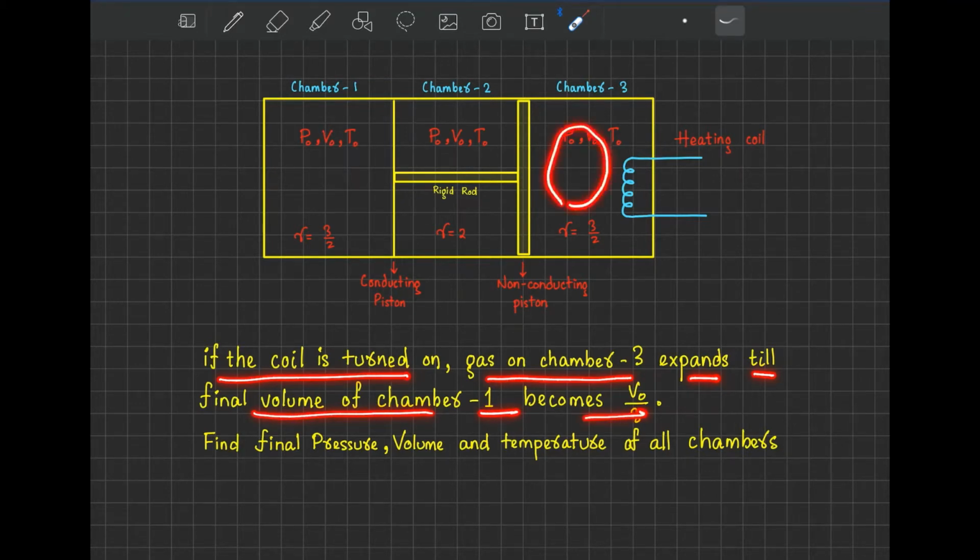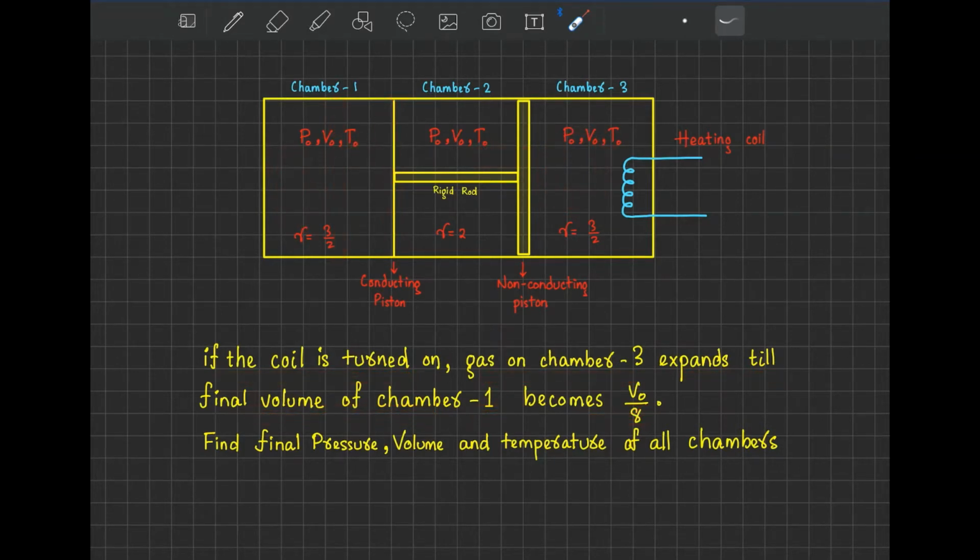If this expands, then this piston will move, then this piston will also move, and how long does it move? Till the final volume of this region becomes V0 by 8. It is asking to find the final pressure, volume and temperature of all the chambers. So this is the question here.